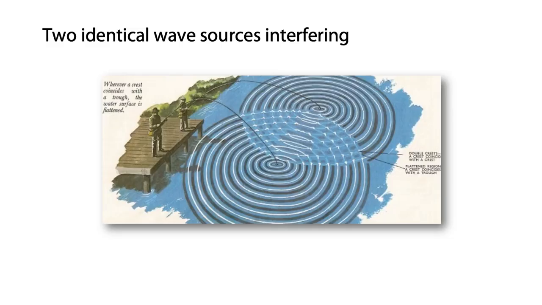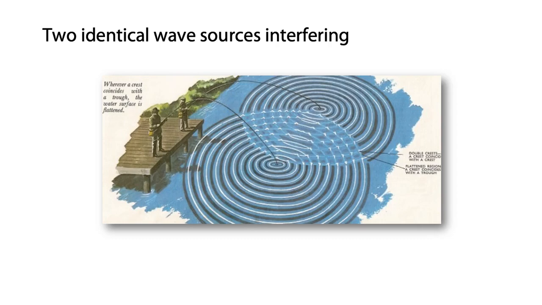Well, as an introduction, let's take this kind of scene here, where you've got two people making some waves in otherwise still waters. And we'll just presume that they're kind of identically making those waves, and those waves are going to spread out from the points at which they're created, and they are going to interfere with each other.